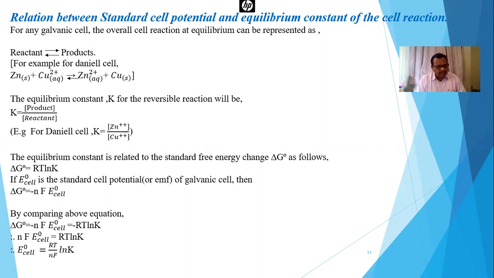We have derived the Nernst equation and determined the cell potential of different types of cells. We also discussed the relation between the cell potential and Gibbs free energy.